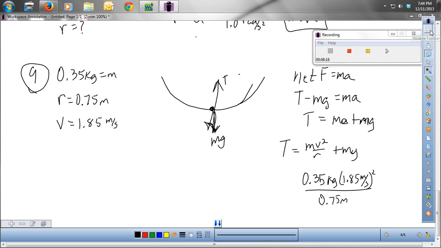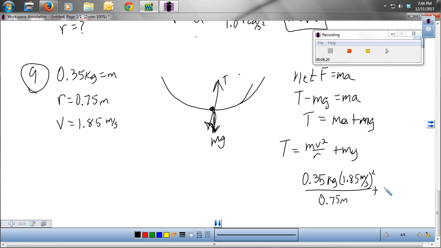And then to that, I also have to overcome gravity, which is mg, so that's 0.35 kilograms times 9.8. So when I did that, I wound up with a tension that was 5.03 newtons.